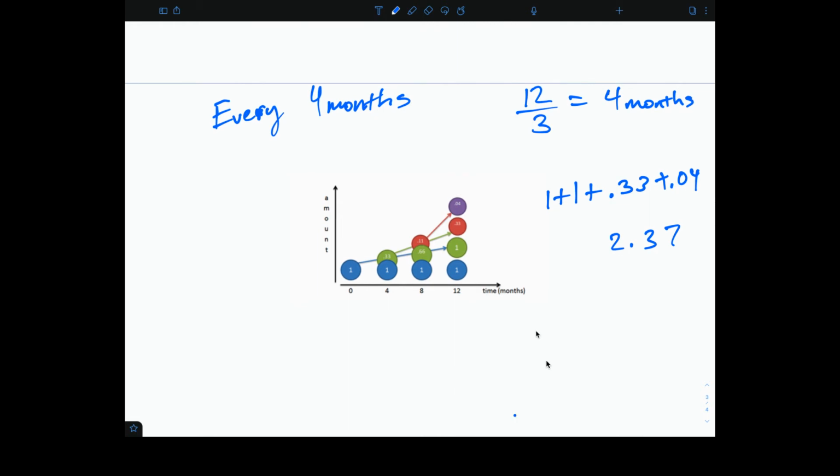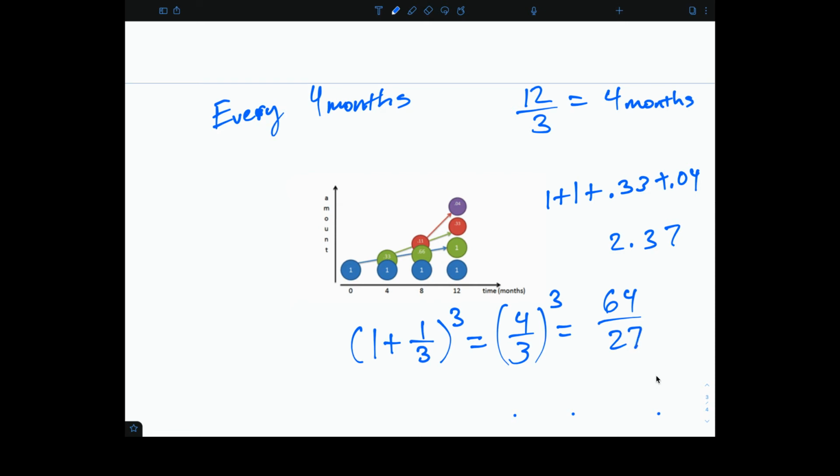Okay. Again, don't take my word for it. If you want to, we can just plug it in. It's 1 plus 1 over 3 raised to the third. So this is 4/3 raised to the third, which is 4 to the third is 64, 3 to the third is 27.